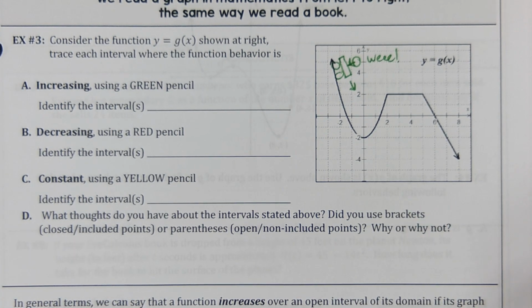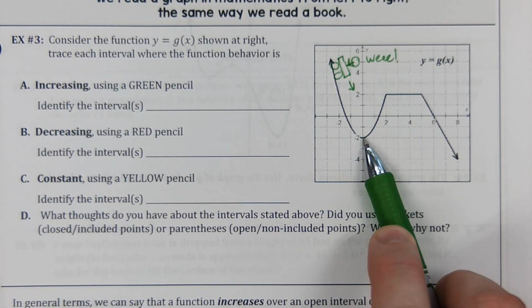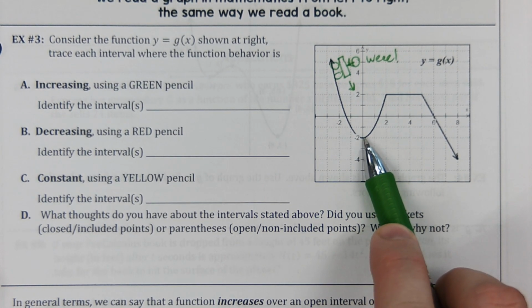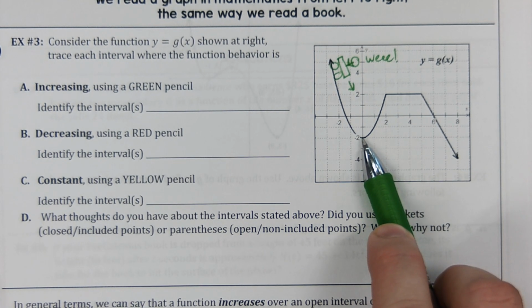Here we have an issue. Right there, at this point, if I took a snapshot and there wasn't any wind, you know, obvious through someone's hair, is it going up? Is it going down? Or is it doing both? That's the question. And AP wants you to say it's doing both.